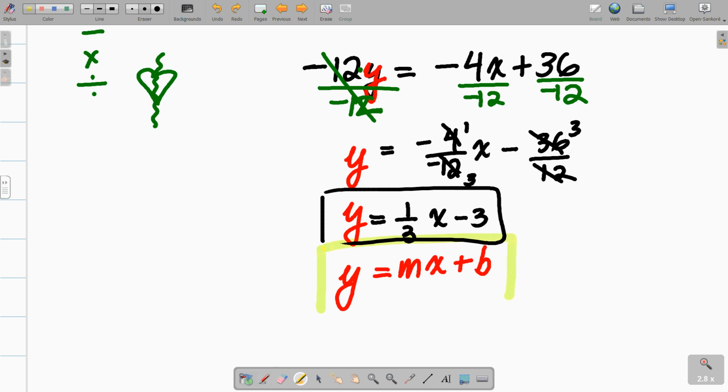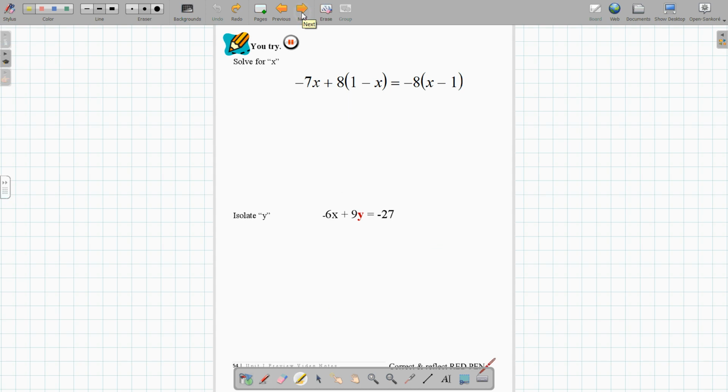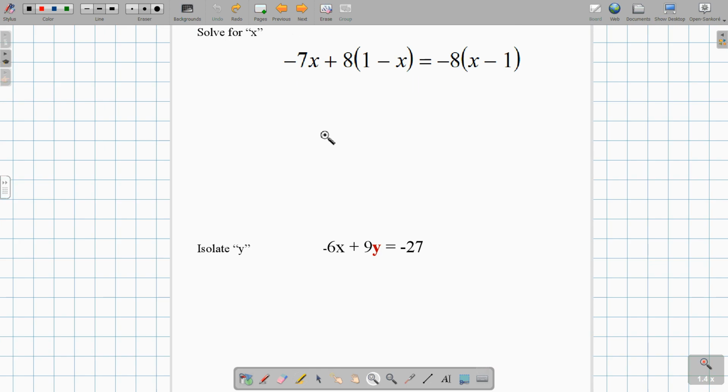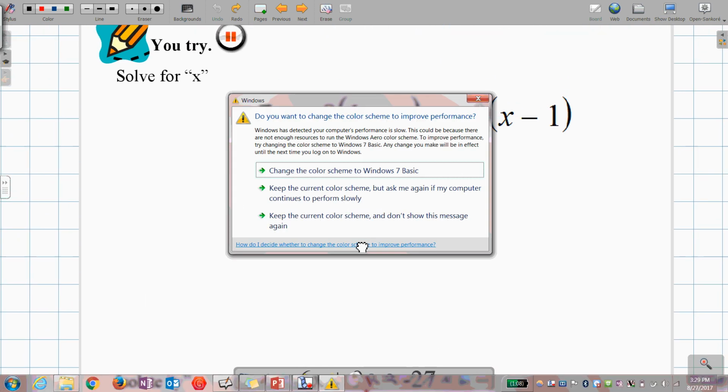Welcome back. Let's see how you did with this basic algebra. So we're going to circle and distribute. Negative 7x plus 8 minus 8x equals negative 8x. Double negative makes a positive 8. I'm going to collect like terms.